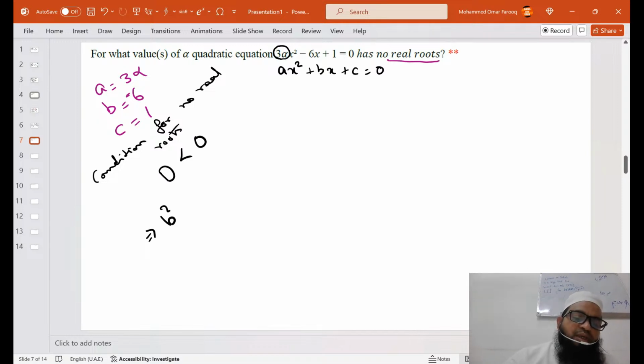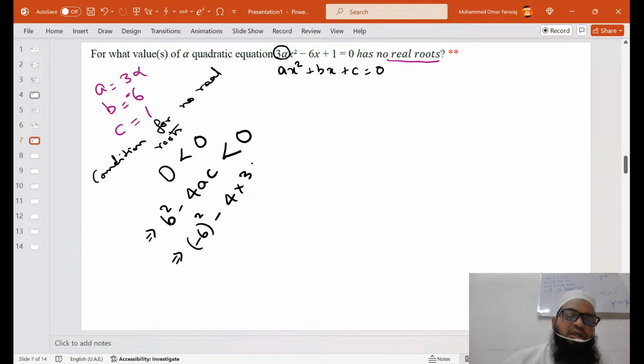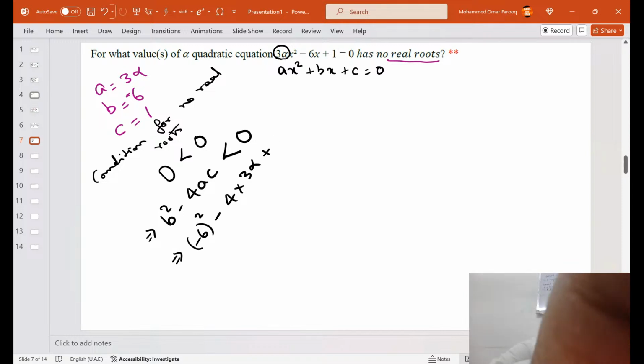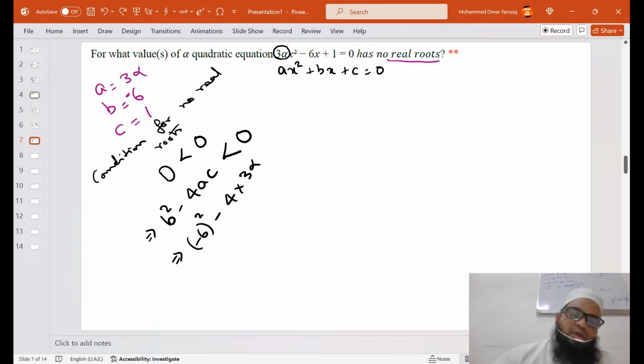And what is discriminant? b square minus 4ac should be less than 0. What is b? Minus 6 whole square minus 4 times a, which is 3 alpha, into c, which is 1, is less than 0.